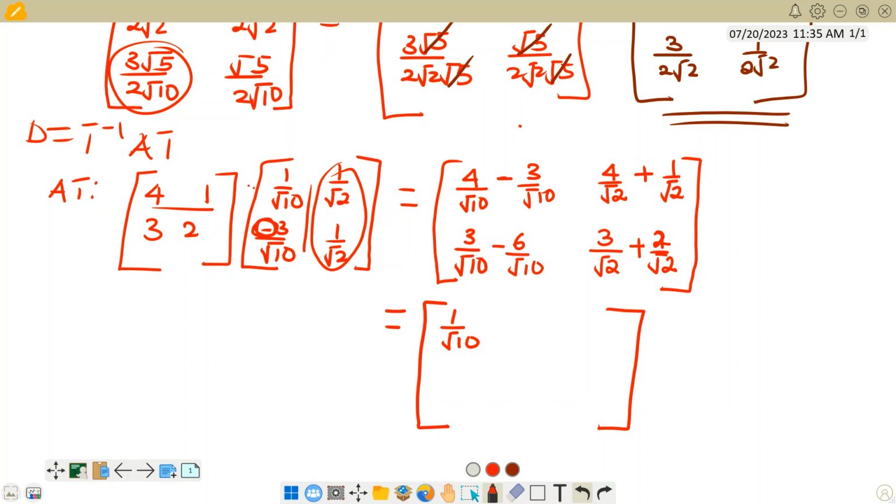Then that part will be 4 plus 1, which is 5 over square root of 2. And then 3 minus 6, that's minus 3 over square root of 10, and then that part there is 3 plus 2, that's 5, so we've got 5 over square root of 10.